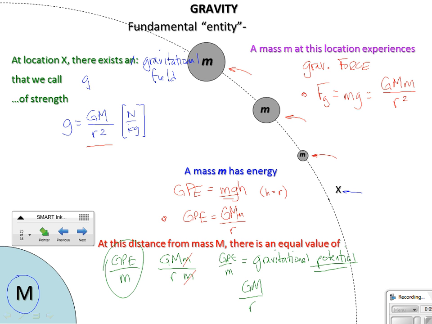If we were to put a mass at a place with a certain potential, then that mass gets some potential energy because there's potential at that location. I don't know what the variable is for gravitational potential.